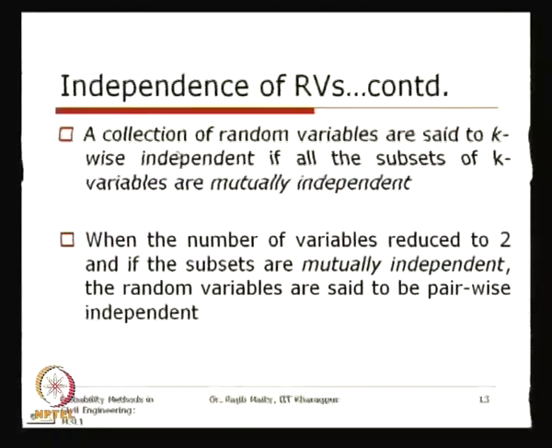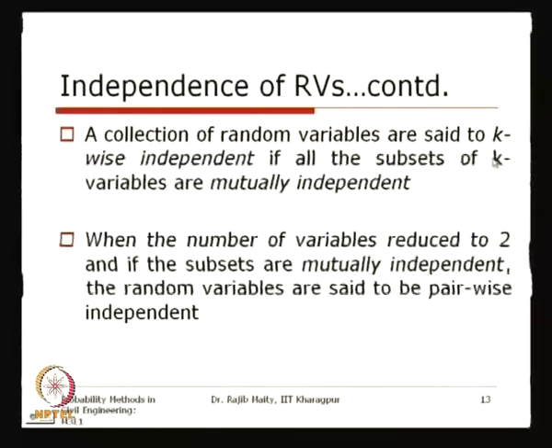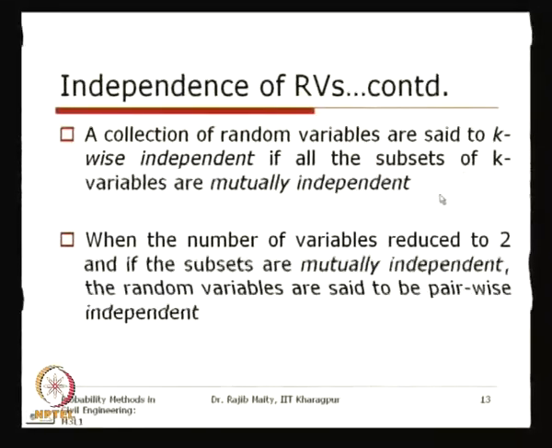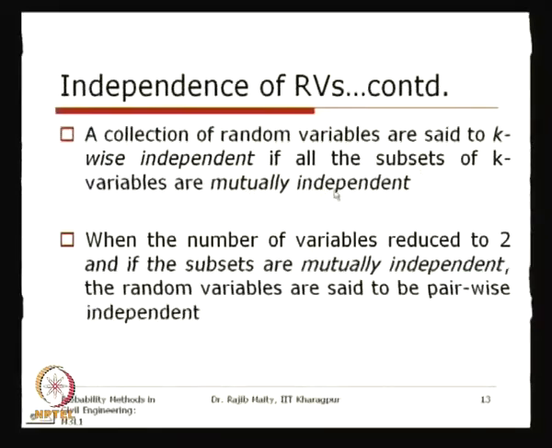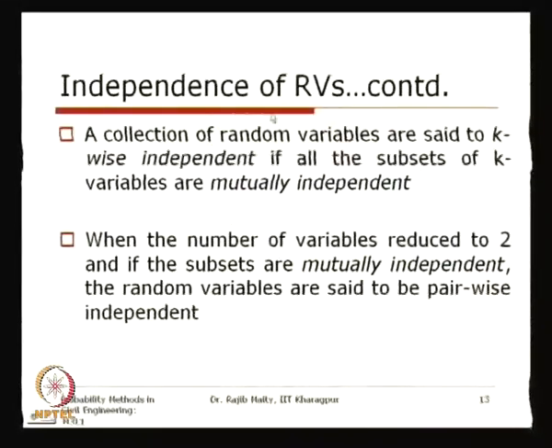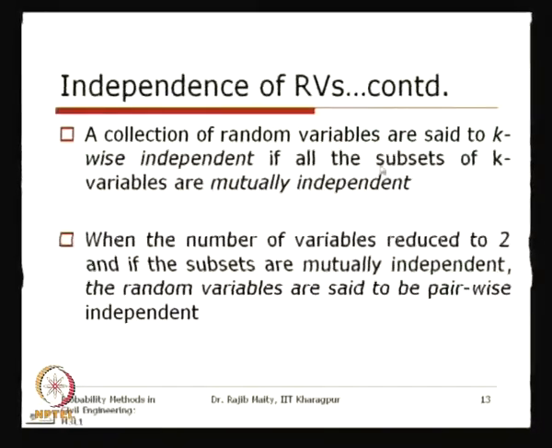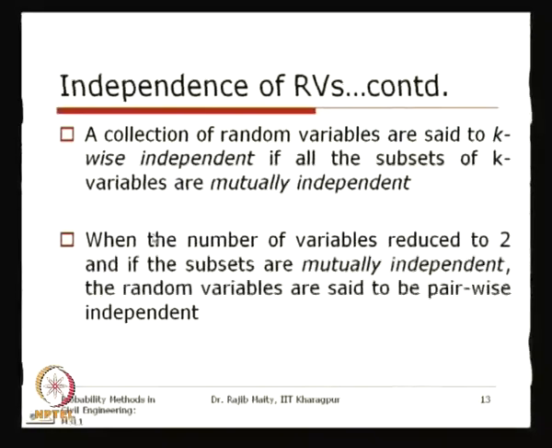So whatever the total number of random variables, if I pick k random variables randomly, and they satisfy mutual independence among these k random variables, then we say those n random variables are k-wise independent. Now if k becomes 2, so I take 2 out of n, and the subsets are mutually independent, then the random variables are said to be pairwise independent.